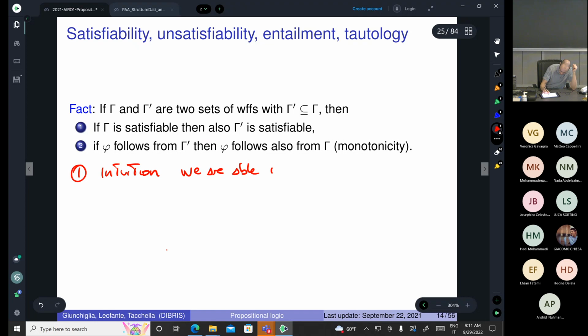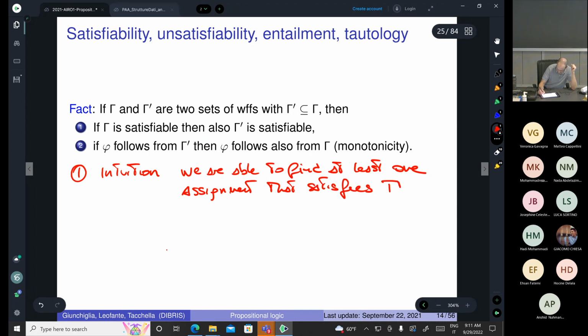We are able to find at least one assignment that satisfies gamma, okay? But gamma prime has fewer constraints than gamma.